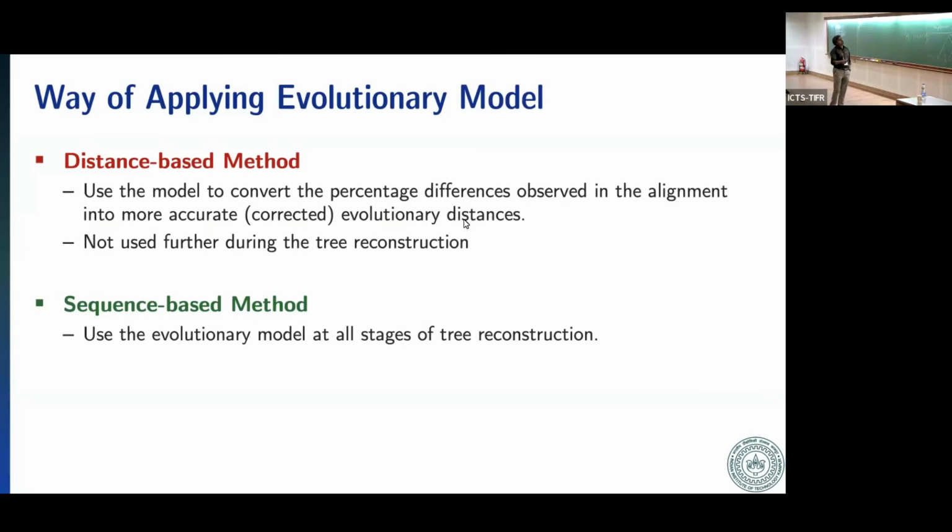Now, when the evolutionary model is applied, in the case of the distance-based method, the model is used to convert the usual alignment data to the distance matrix, and during tree reconstruction the evolutionary model is not used further. Whereas in the sequence-based method, the evolutionary model is used at all stages of the tree reconstruction process.